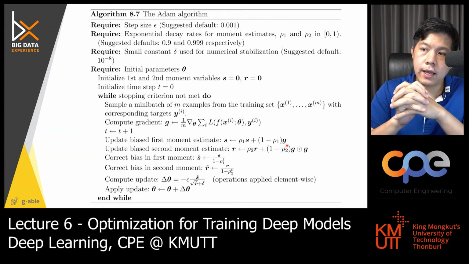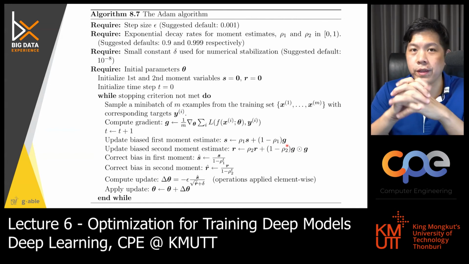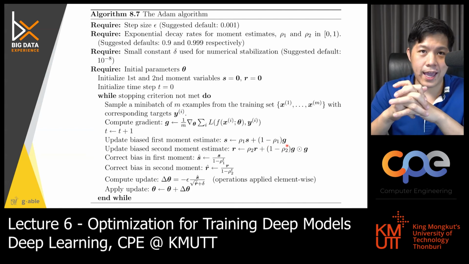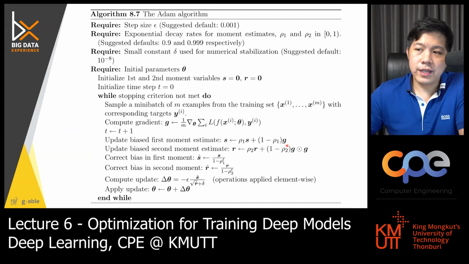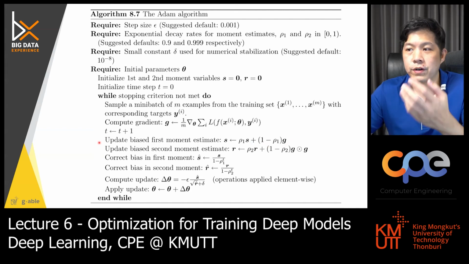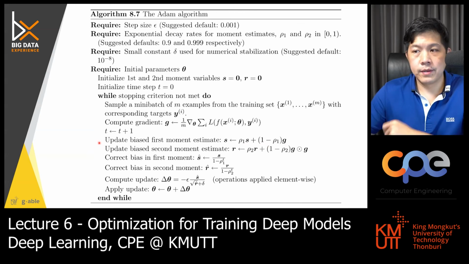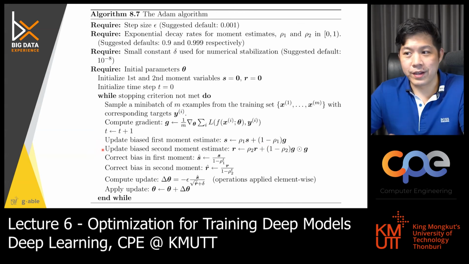So this is like exponential smoothing. That's why it's called exponential decay of the first moment. This one is just like the momentum, the first order momentum.